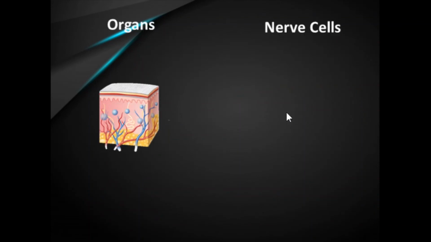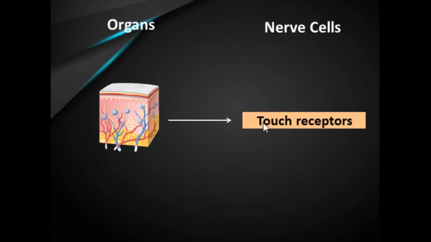And finally, for the skin, you have the touch receptors or the skin receptors. All of those nerves or receptors function to transmit the signal to the brain so that the brain will interpret the reaction that you would give to that stimulus or the stimuli.